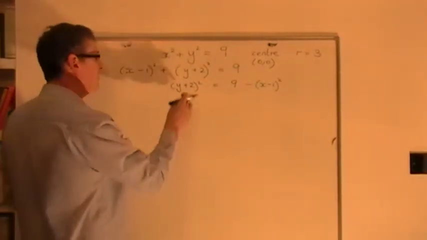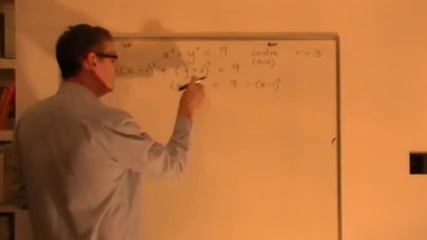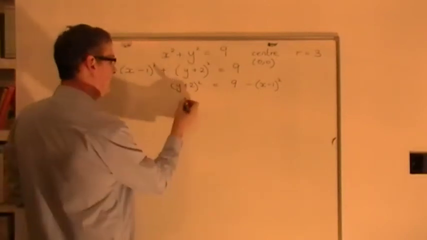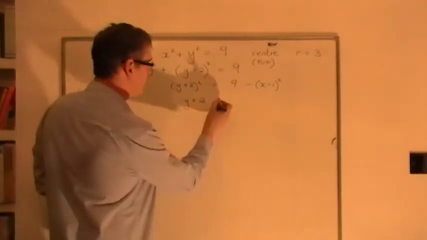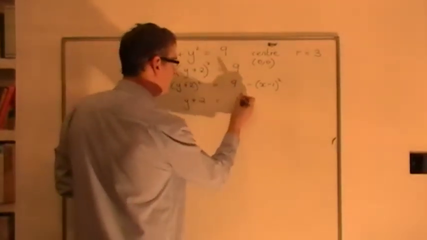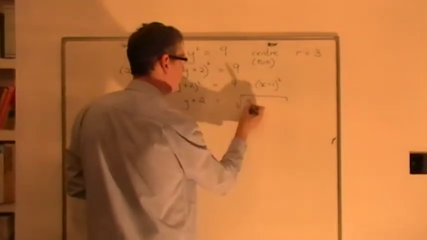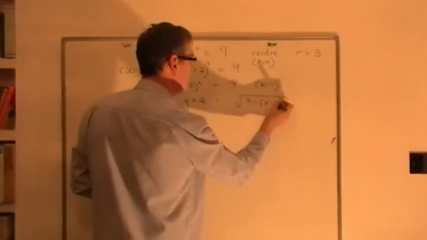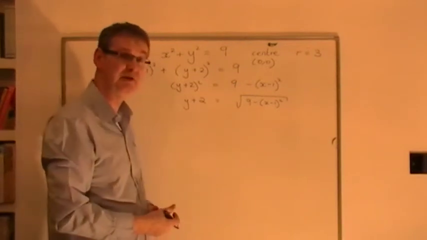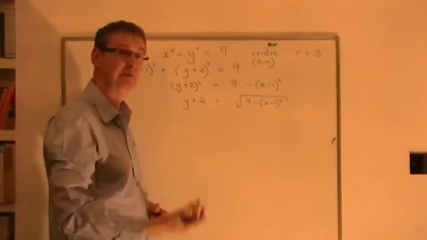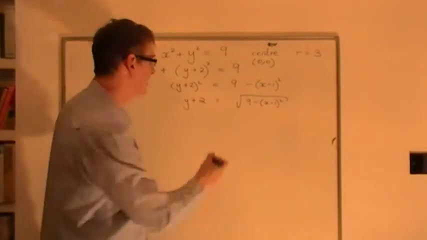Okay, what you need to do now is get rid of that square quantity. So I'm going to square root the left hand side to get y plus 2. And so you need to square root the right hand side. So you square root all of that quantity. But don't forget, when you square root a quantity, you can get the plus or the minus version of that answer.